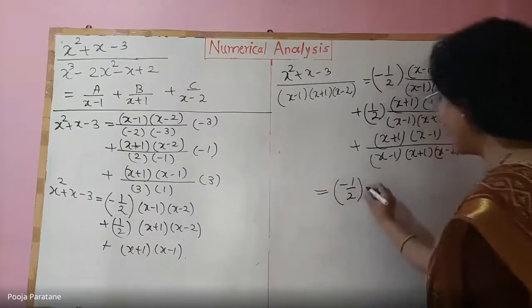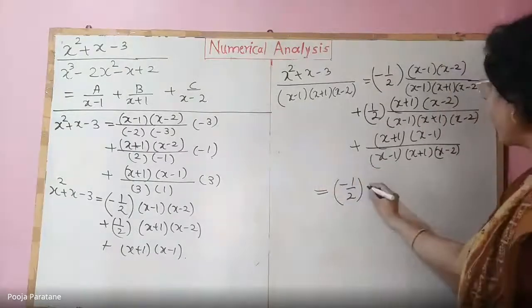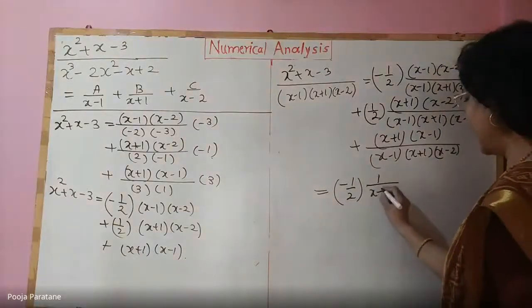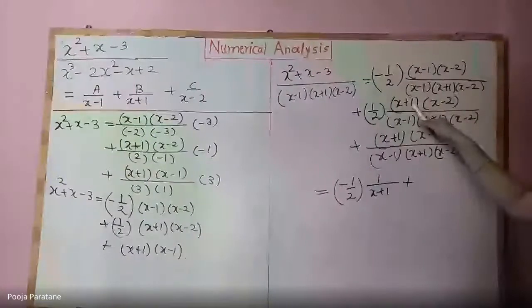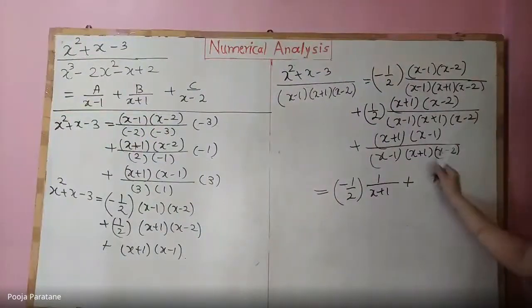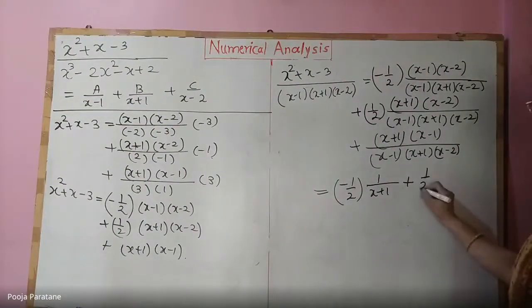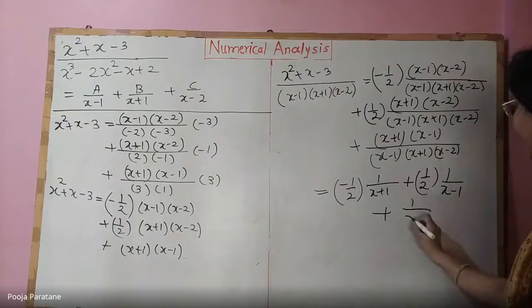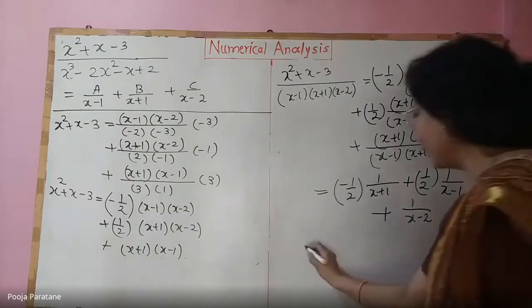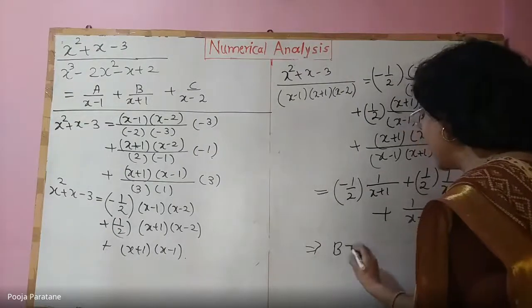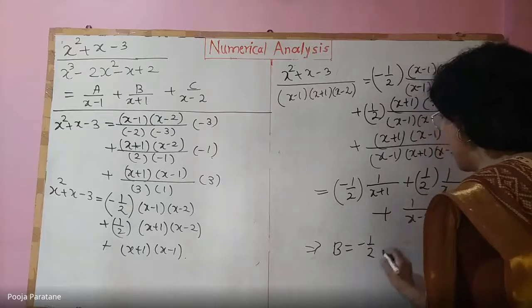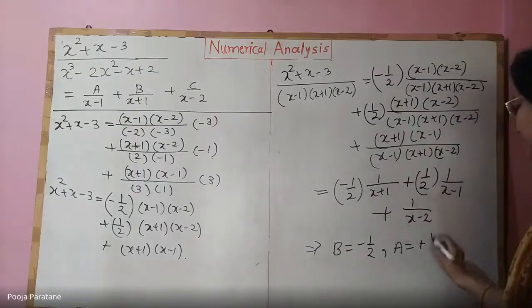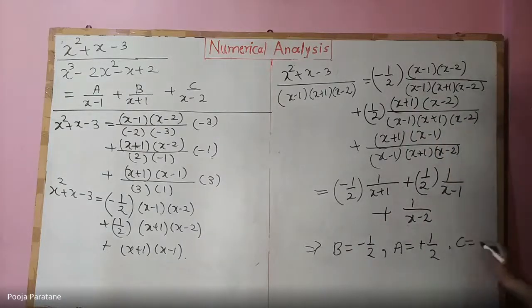This is my value of b, the corresponding constant, and here 1 upon x plus 1. Now here x plus 1, x minus 2 will get cancelled and only 1 upon x minus 1 remains. And the third factor here is 1 upon x minus 2. So therefore it implies b is equal to minus 1 upon 2, a is equal to plus 1 upon 2, and c is equal to 1.